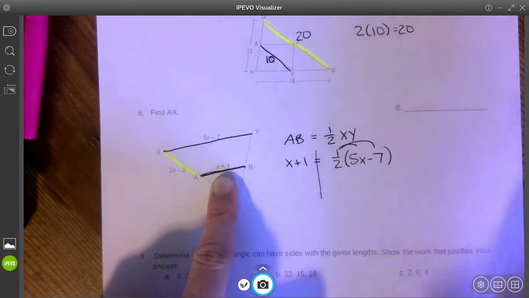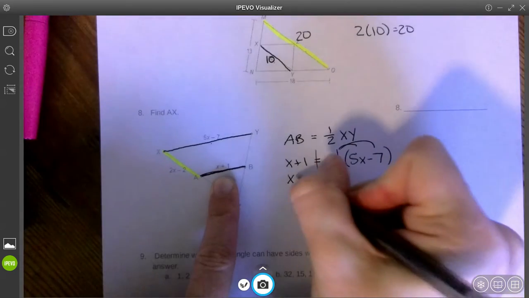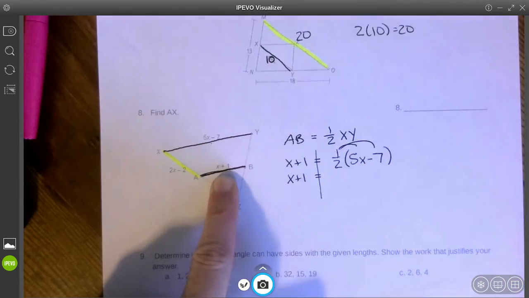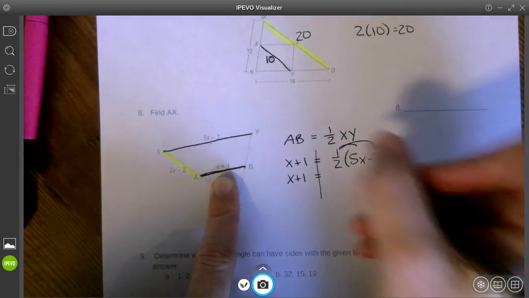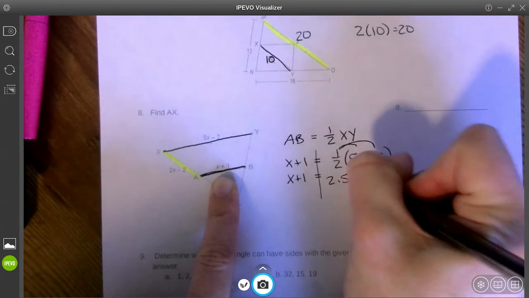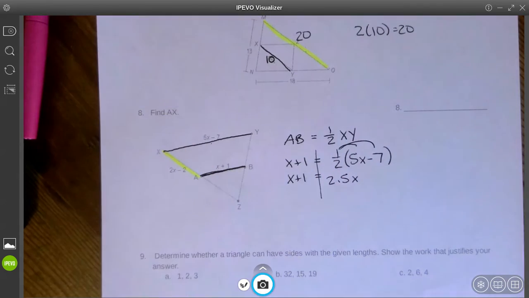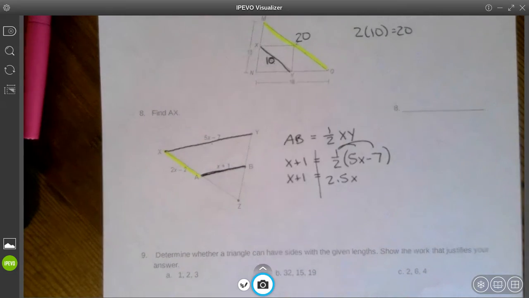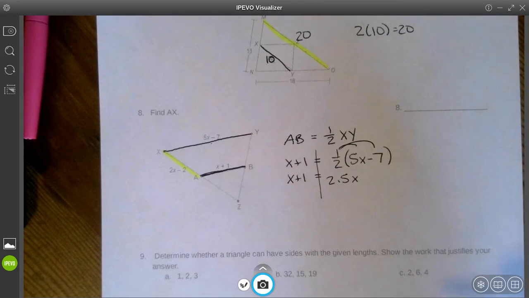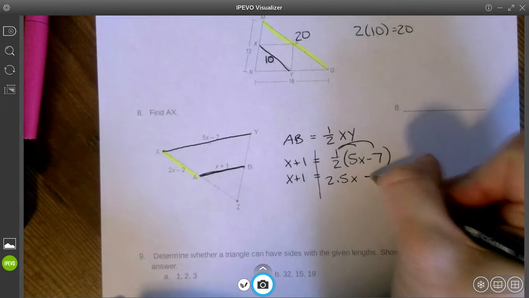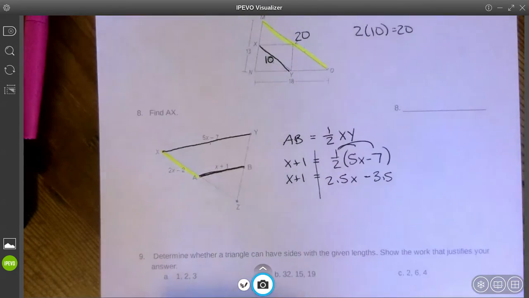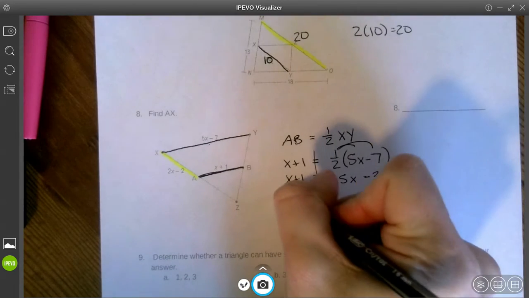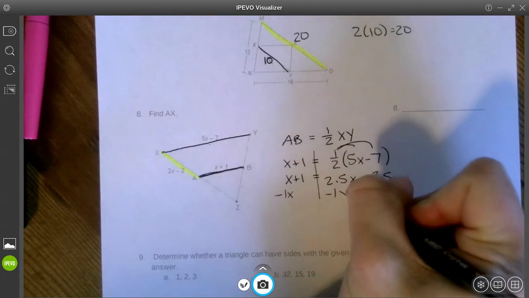Let's use the distributive property. 1/2 times 5x is 2.5x. And 1/2 times negative 7 is negative 3.5. I'm going to go ahead and move all my x's to one side. So I'm going to subtract 1x.